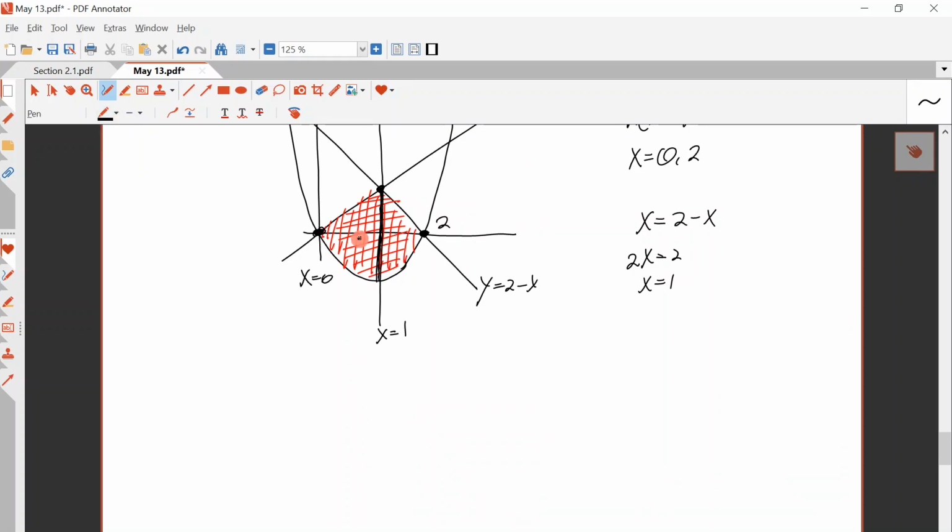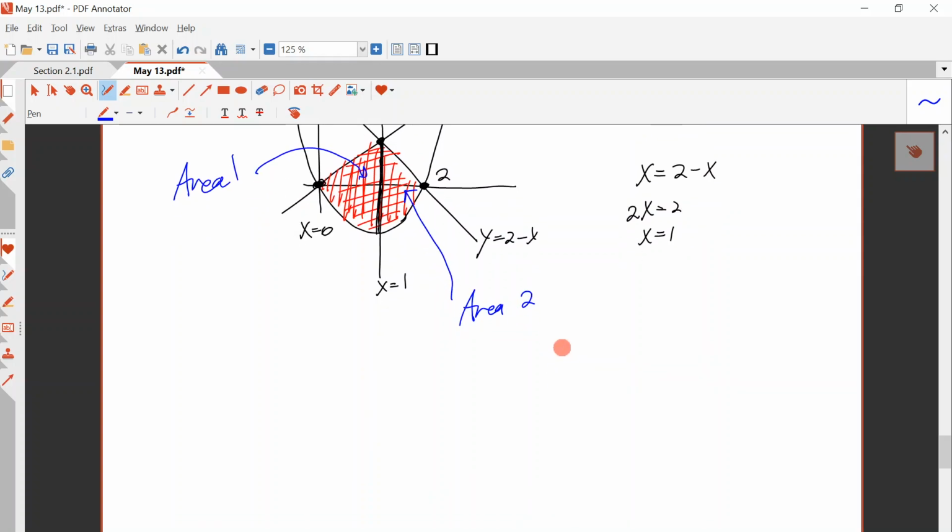So this is area 1, right there. So we got area 1 right there, and area 2 right here. Okay, so total area equals area 1 plus area 2.